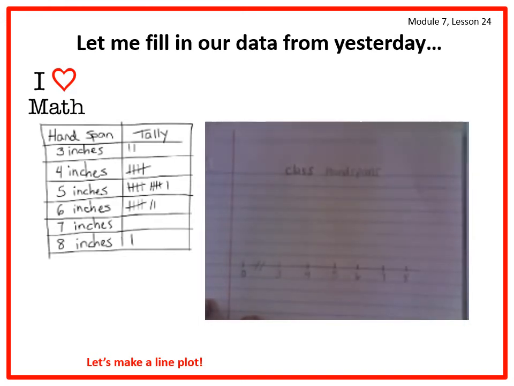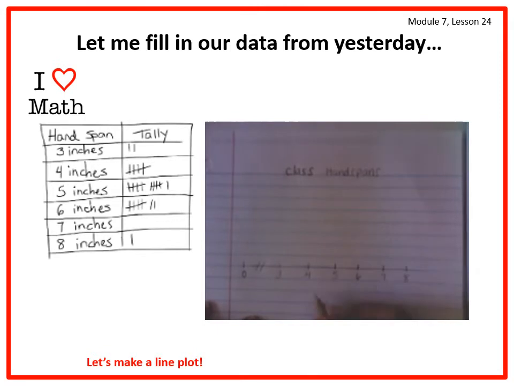Now, to show our data, we put an X for each of our tally marks above the number of inches our handspans were, and write the unit of measurement. So again, maybe that was a little confusing. For each tally, instead of writing tallies, we make an X, okay? But first, what did we measure with?